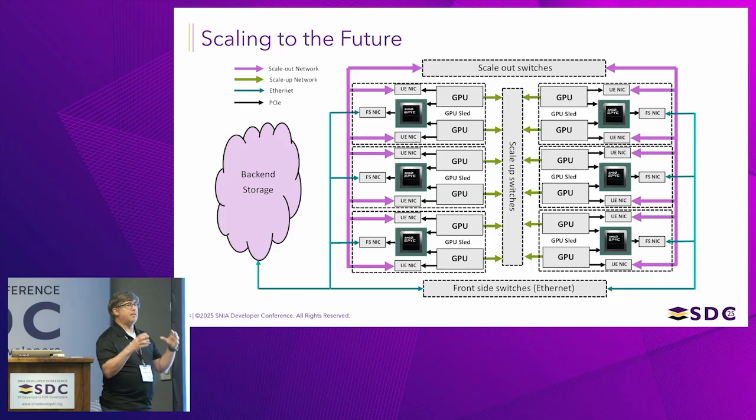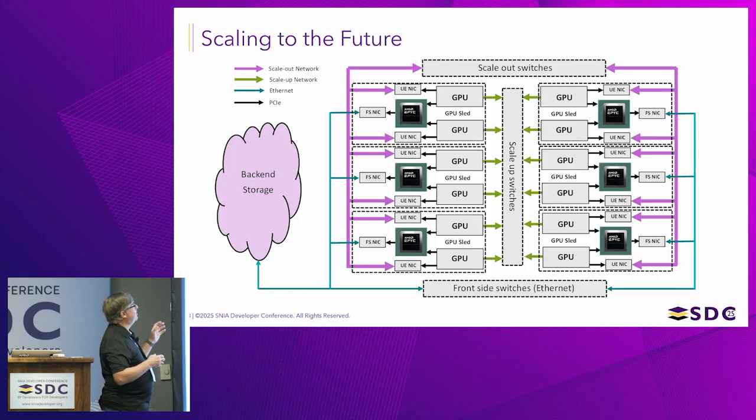So any GPU that is in a memory coherent domain and can see the memory of any other GPU is within a pod. If you have to split your job between pods, you need a high performance network that allows you to move data very quickly. It doesn't have to be memory coherent, but it needs to be high-speed. That's the scale-out network, which allows GPUs in one pod to talk to GPUs in another pod.